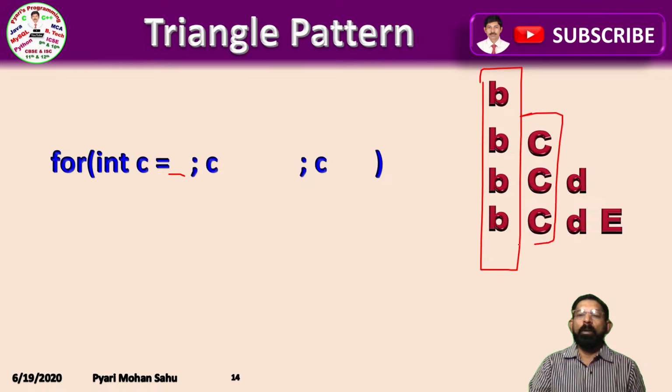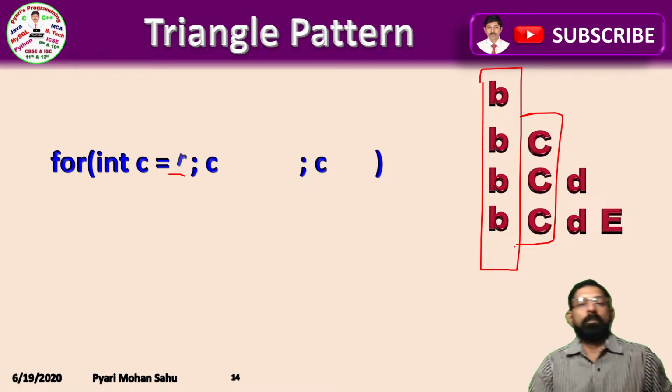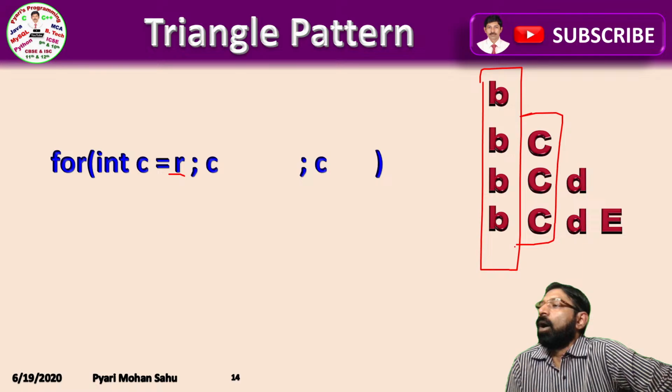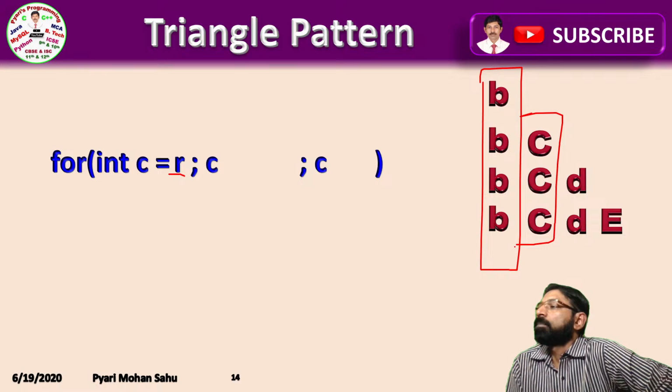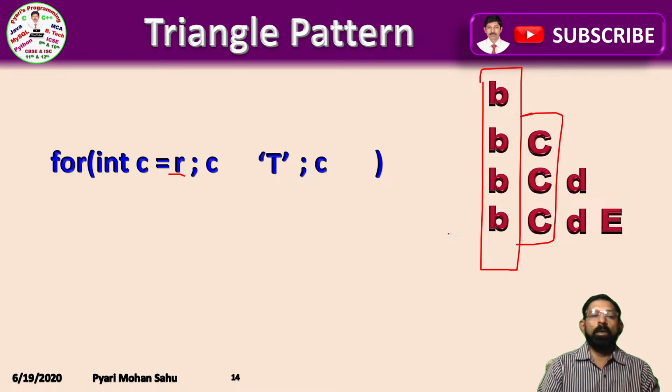According to that, you have to decide. C is equal to R. I think it is wrong. C is equal to R cannot be here. No, it is wrong. Okay, we'll go to the slide now. No, this is wrong. It cannot be R.